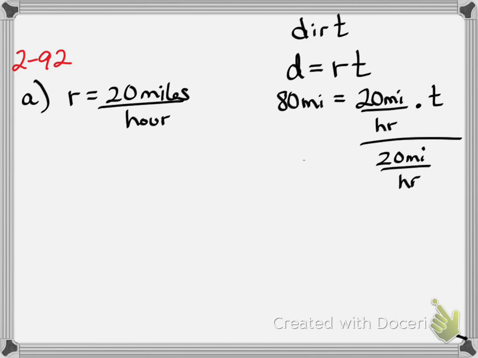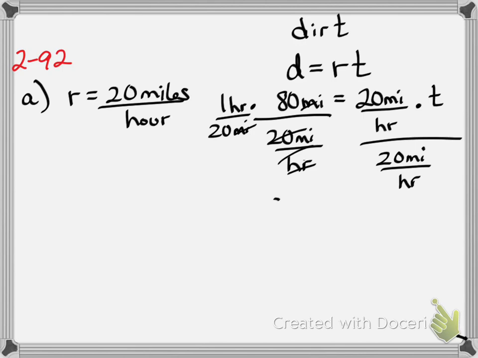That's the same thing as multiplying by 1 hour over 20 miles, multiplying by the reciprocal. Miles cancel, and you'd get 80 hours over 20, which is 4 hours. I know we can see the answer more quickly sometimes, but I think they're wanting us to think through the formula, maybe.